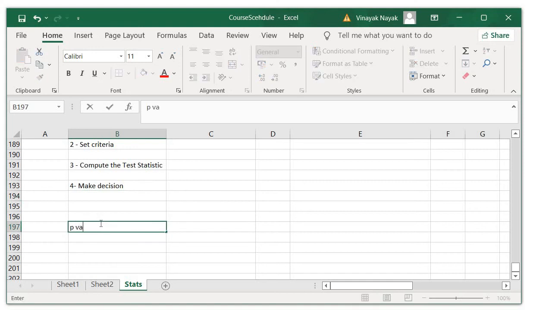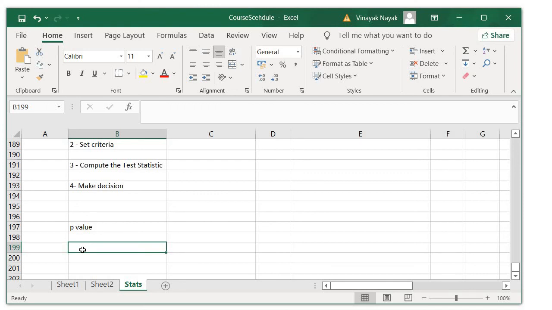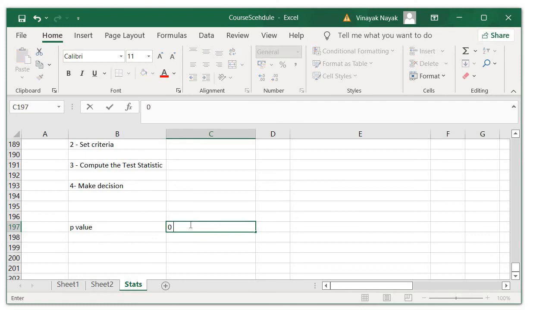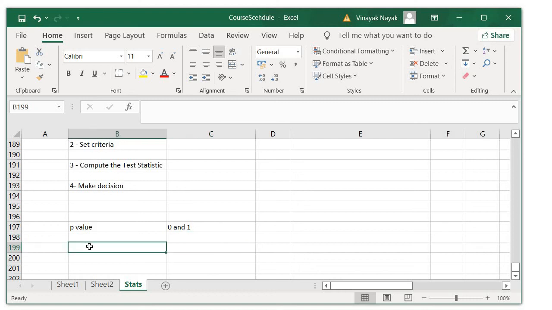Okay, this is very important. P-value. The p-value is a probability which varies between 0 and 1. When the p-value is less than 5%, or you can say if it is less than 0.05, in that case we reject the null hypothesis.